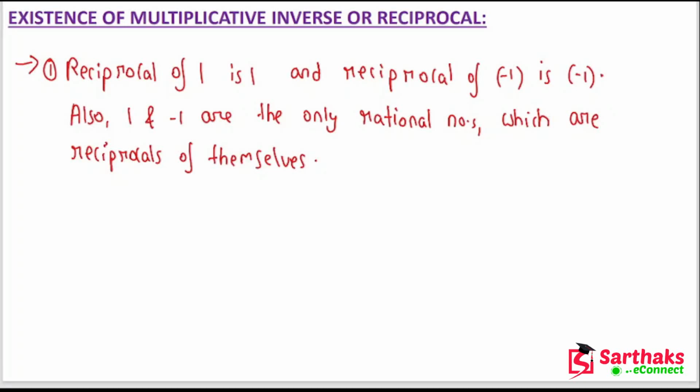That is, if you try to find the reciprocal of 1, it will be 1, and if you find the reciprocal of -1, it will be -1. They both are reciprocals of themselves.